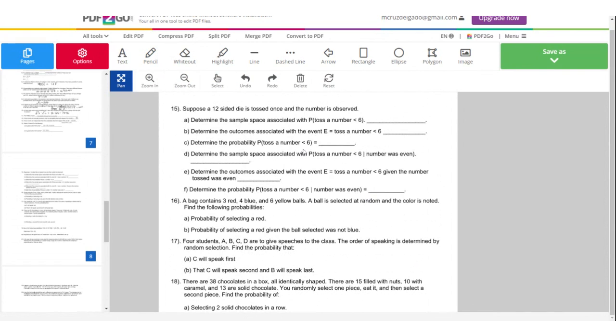All right. So you just got to remember with sample space, that's just the possible things to choose from. And then anything less than 6 is 1, 2, 3, 4, 5. Oh, yeah, and that's a die.